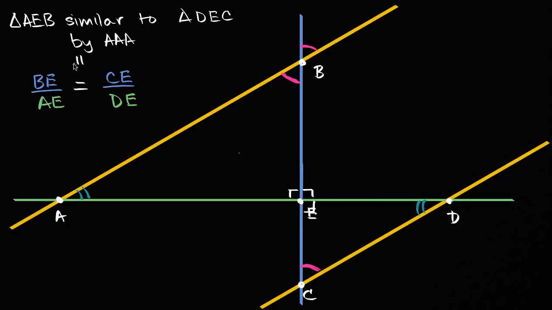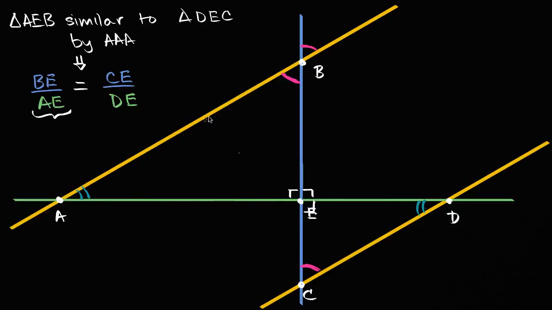So once again, once we establish these triangles are similar, we can say the ratio of corresponding sides are going to be the same. Now, what is the ratio between BE and AE? Well, that is the slope of this top line right over here.